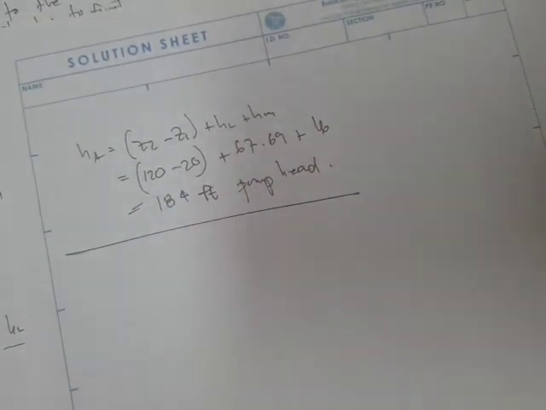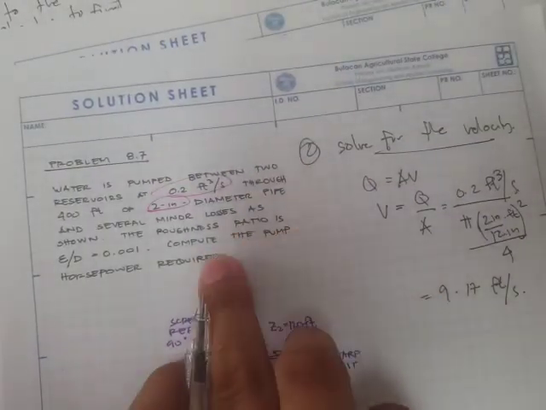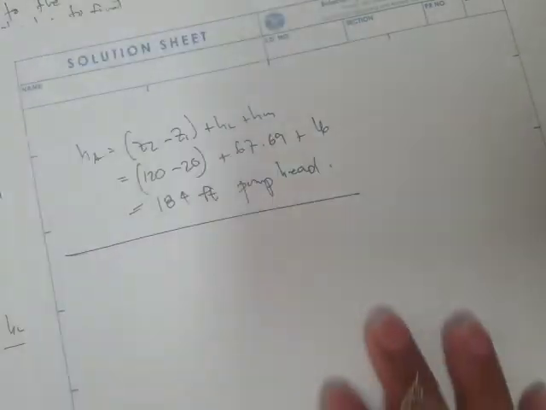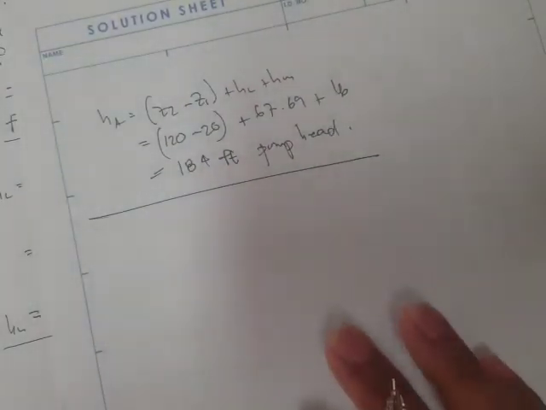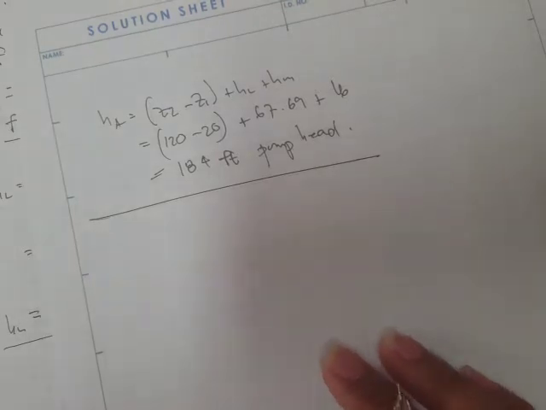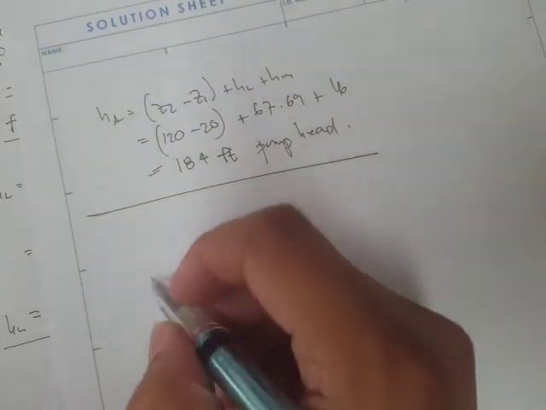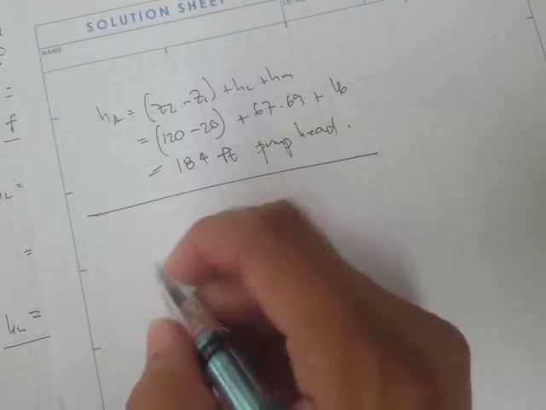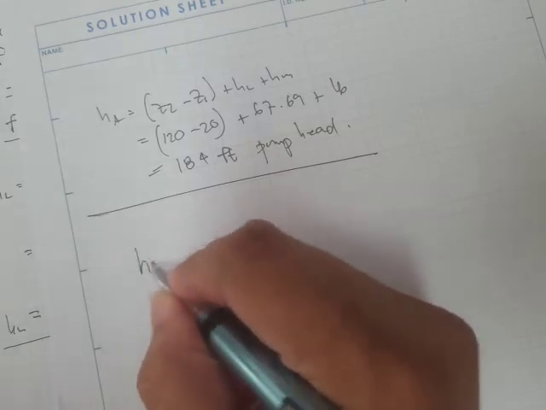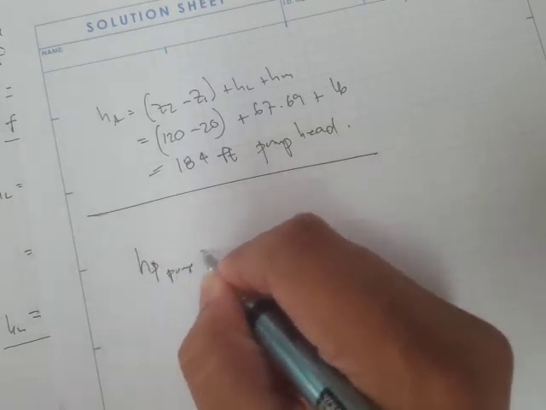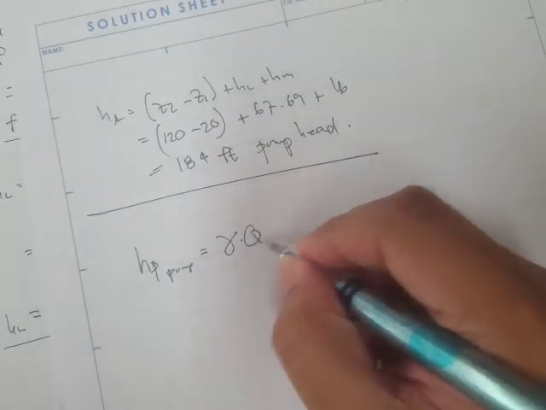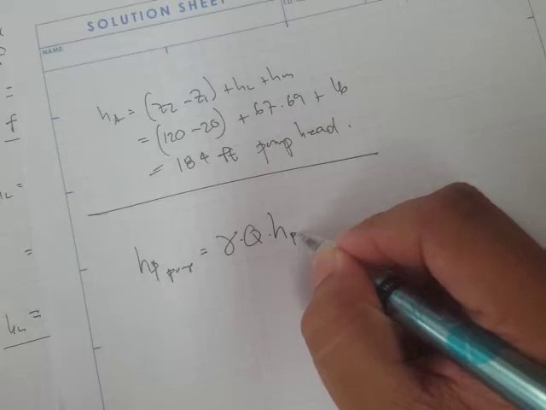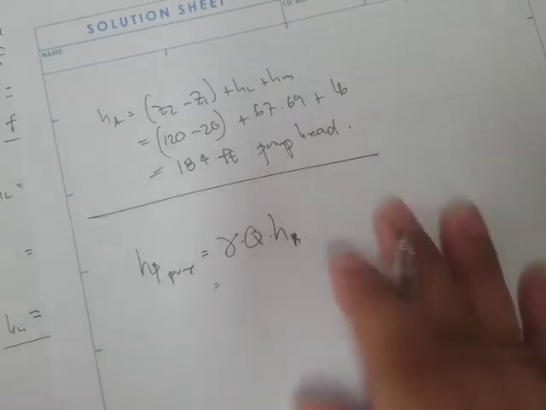Therefore, to find, we have here, compute the pump horsepower required. Now, although we didn't include this equation in our lecture handouts for this topic, the equation for solving the HP, let's say, the horsepower of the pump, is just equal to the unit weight of the fluid times the flow rate times the head of the pump, or the h sub a.